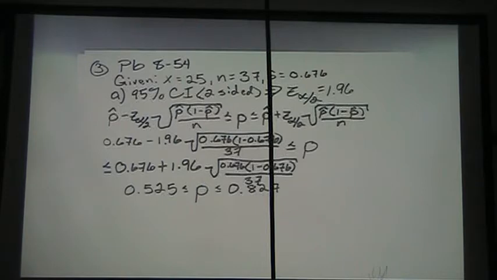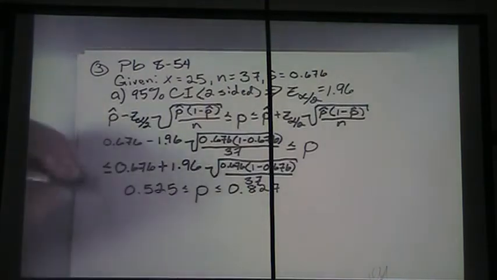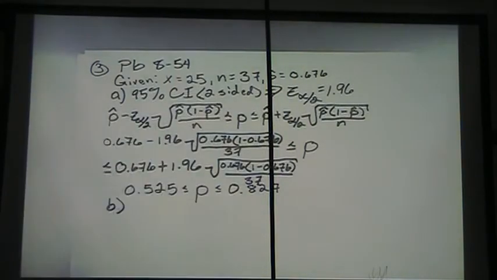But of course, they can never just leave it at that. In part B, they say, calculate a 95% lower confidence bound on the proportion of such tears that will heal.